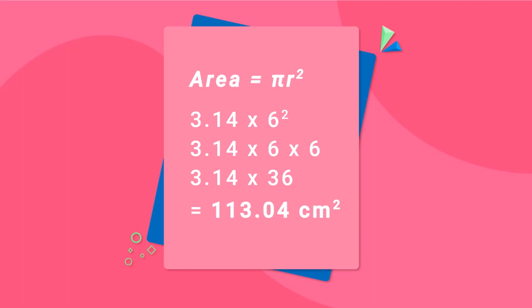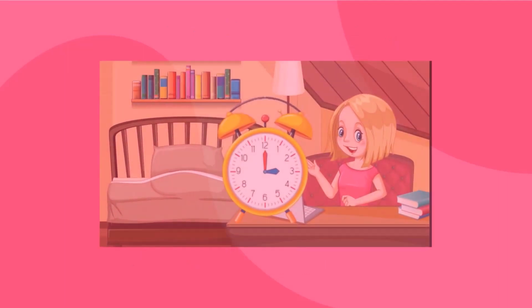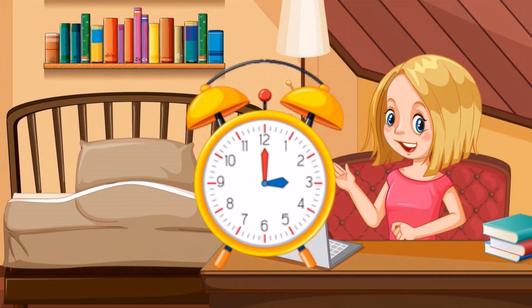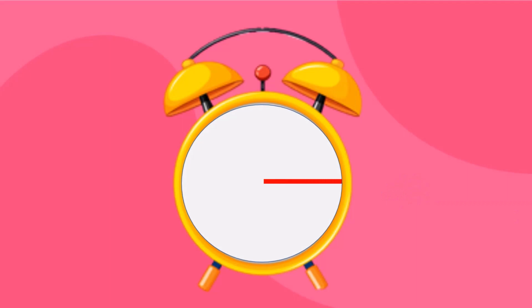Final example. Amira has a big clock in her house. She measured the radius and found that it is 10 centimeters. What is the area of Amira's big clock? Using our formula pi r square, we can find the area of the clock. Pi equals 3.14.